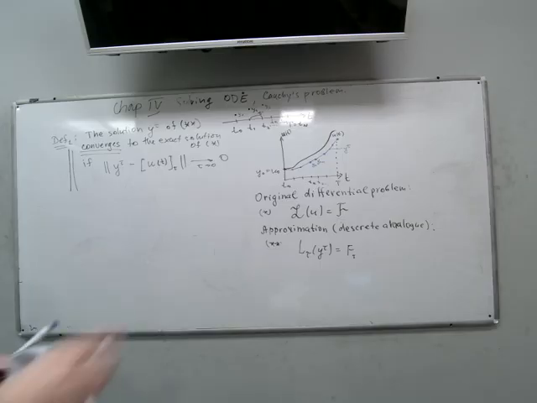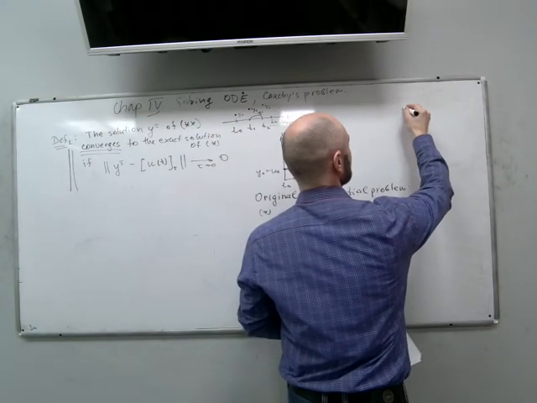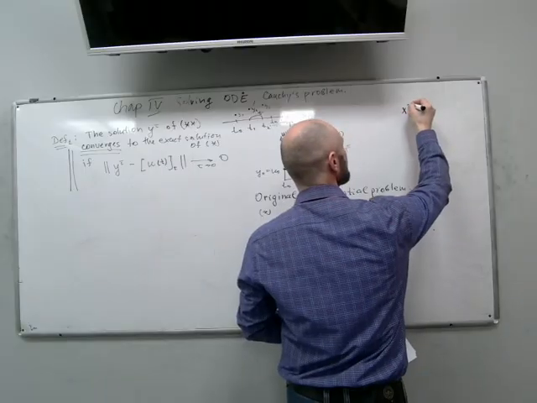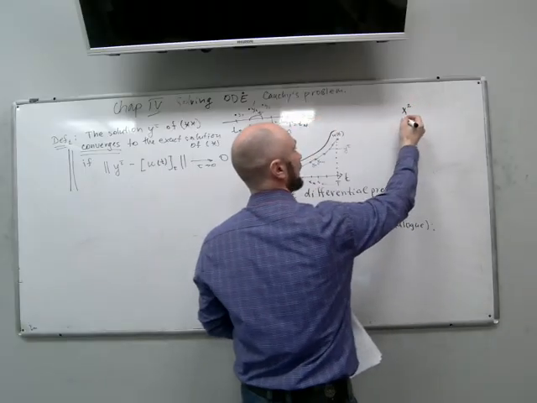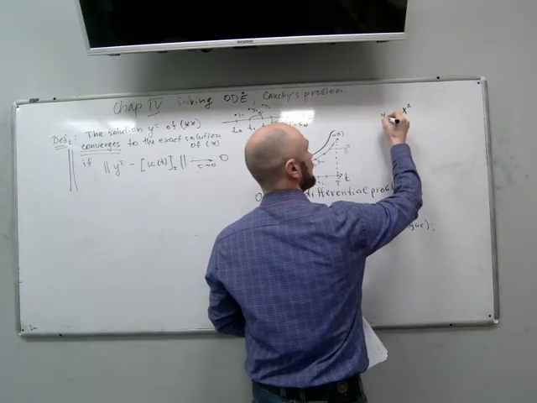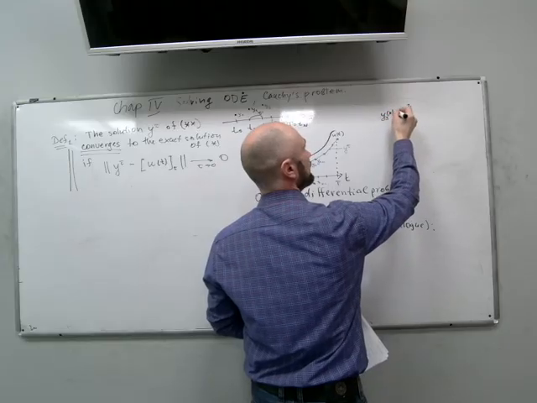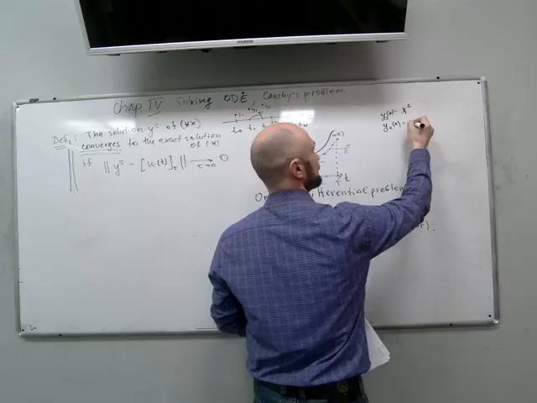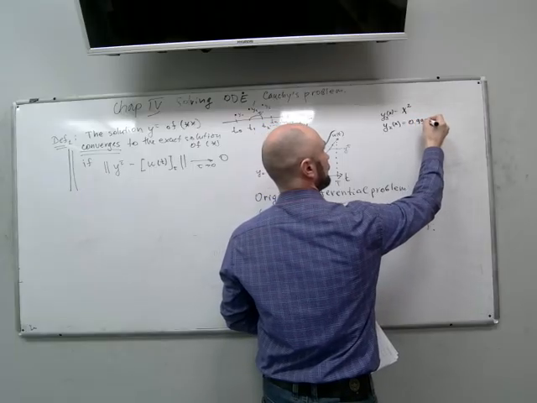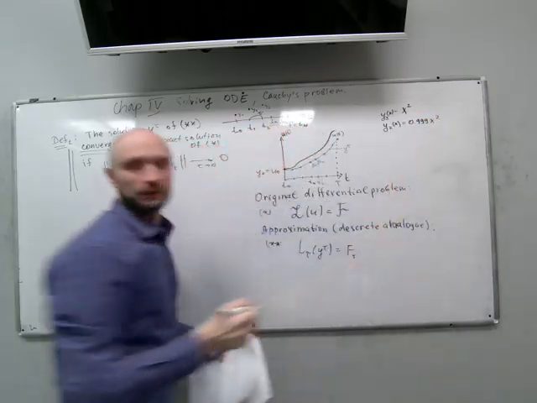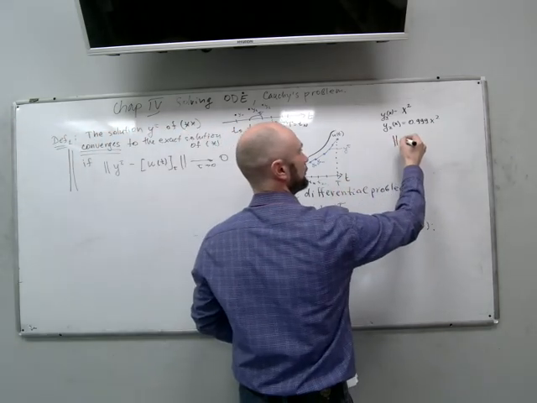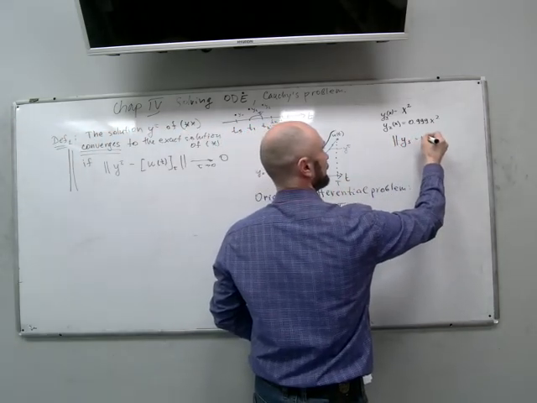For example, if we had two functions, y1 of x equals x squared, and y2 of x equals something else, and I would ask you to compute the norm.